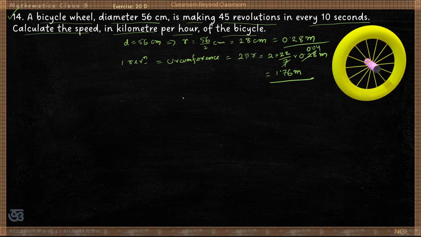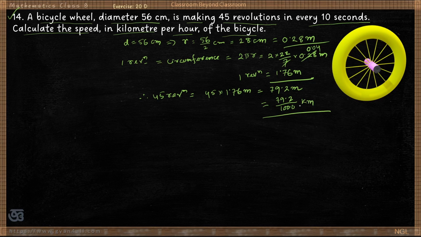Now 45 revolutions equal to how much? So 1 revolution is 1.76 meter, therefore 45 revolutions is equal to 45 multiplied by 1.76 meter, and that is equal to 79.2 meter in 45 revolutions, and this is equal to 79.2 divided by 1000 kilometer.